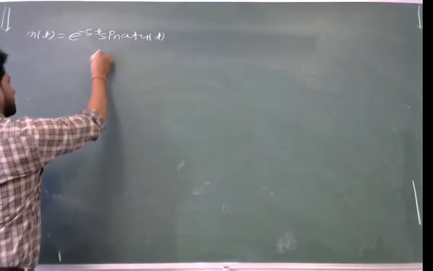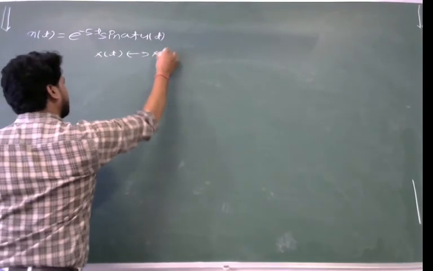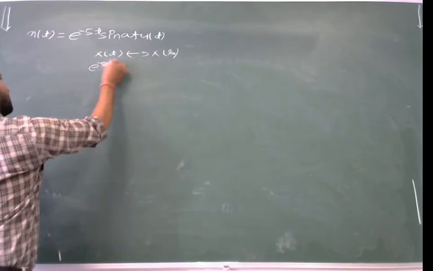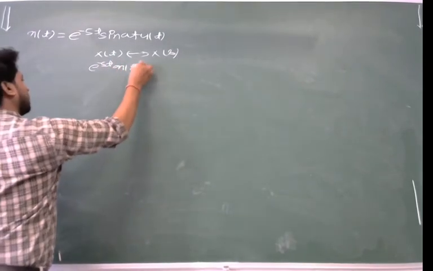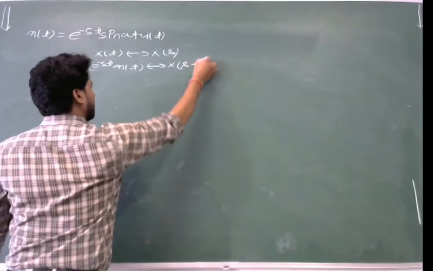As discussed earlier, if Laplace transform of x(t) is X(s), then the Laplace transform of e power minus 5t x(t) will be equal to X(s plus a).